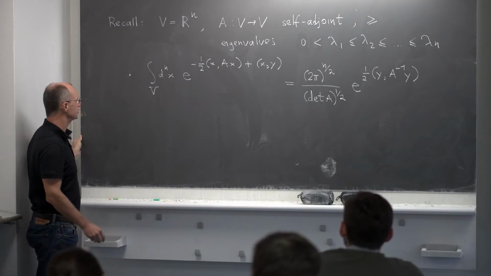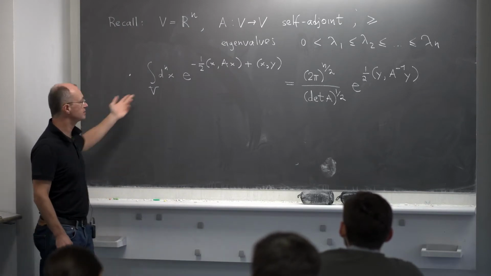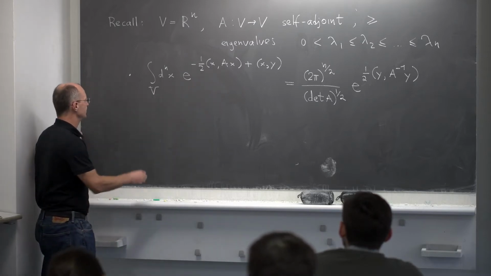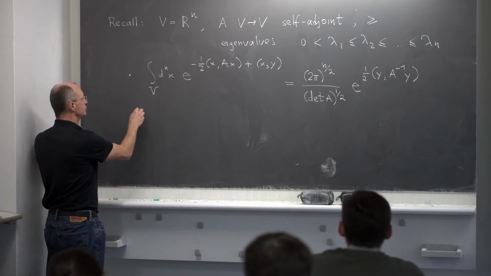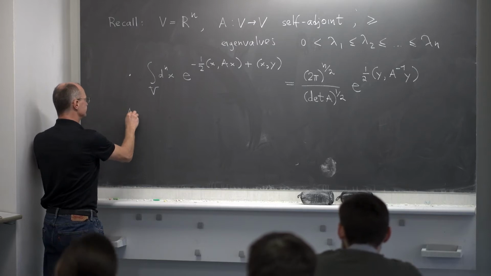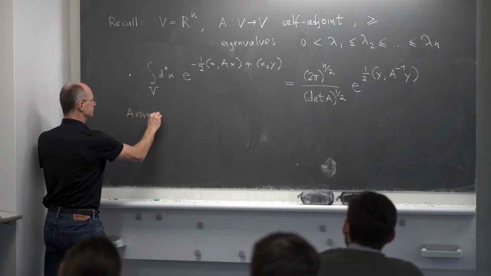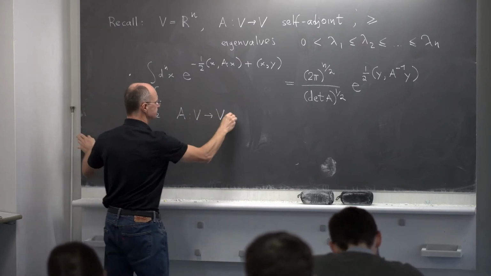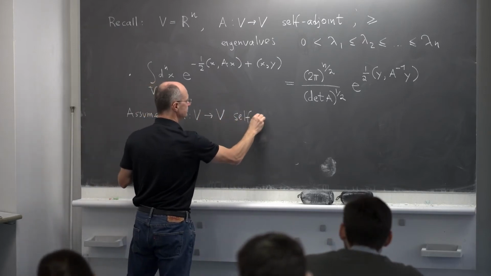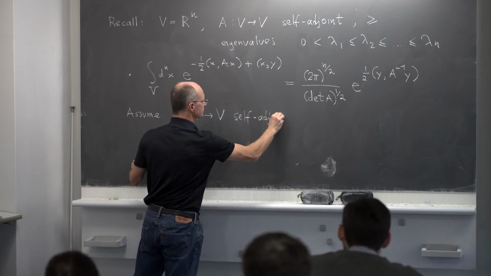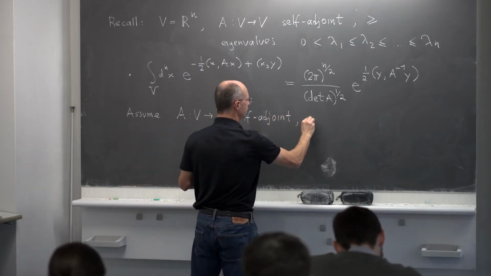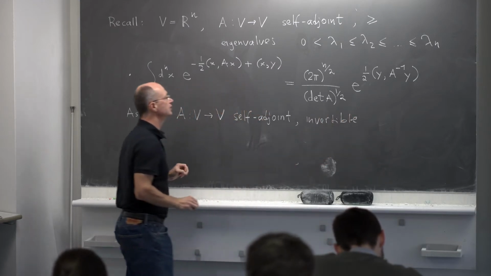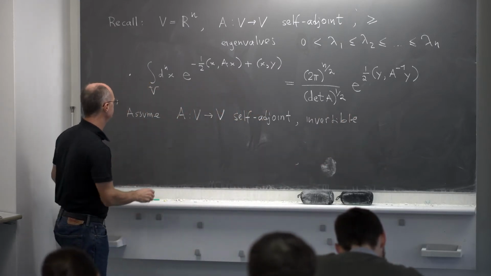Now maybe just a small variation, right? Sometimes we want to put the imaginary unit in the exponential. Now let's assume that A is still self-adjoint and invertible, so we no longer need to assume it's positive definite.